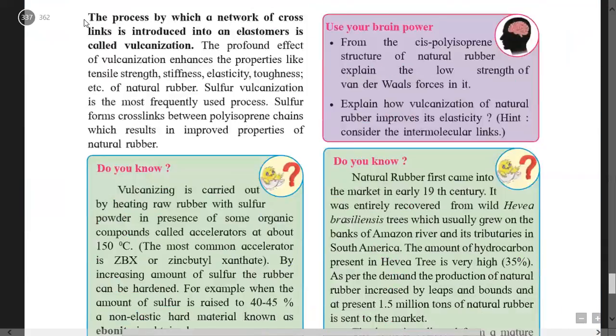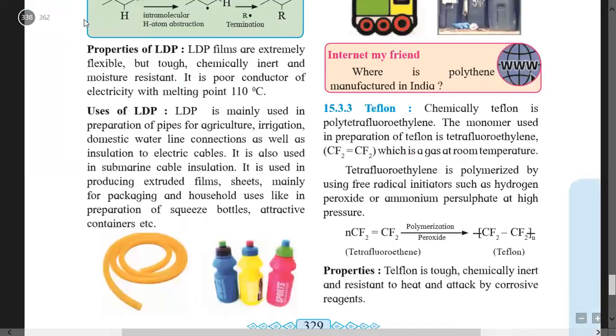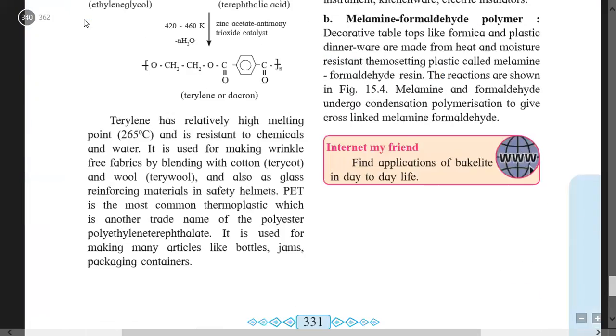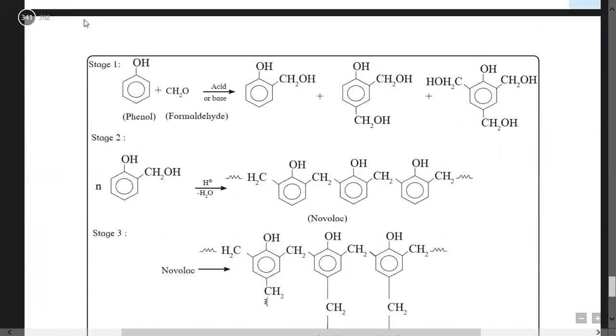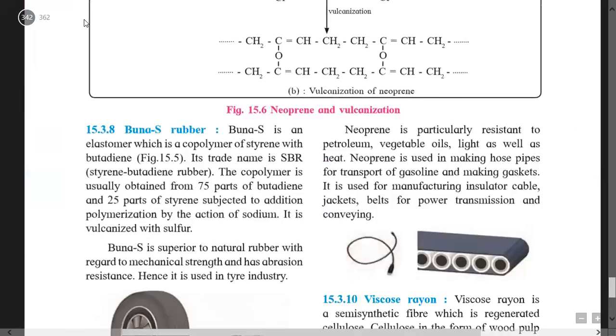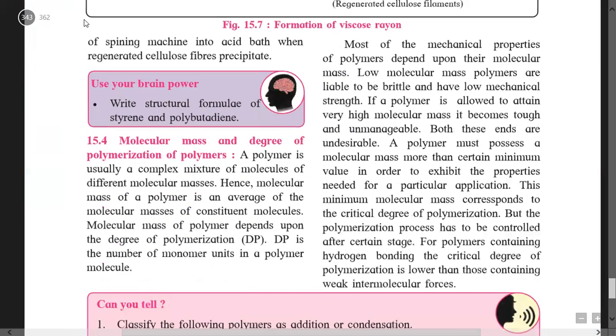This table gives examples of biodegradable polymers.